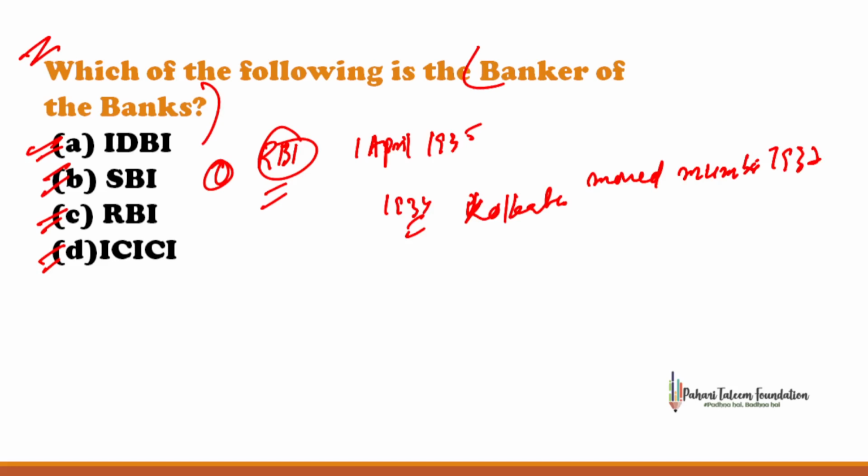The central office is where the governor sits and where the policies are formulated. Sir Osborne Arkell Smith was the first governor of the Reserve Bank of India. Okay, this is the point.